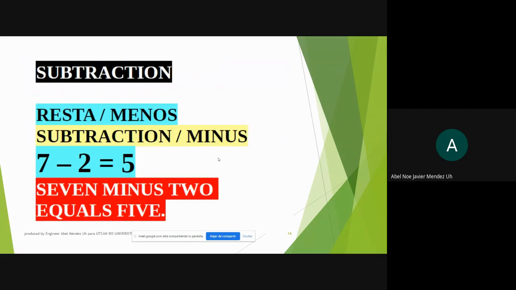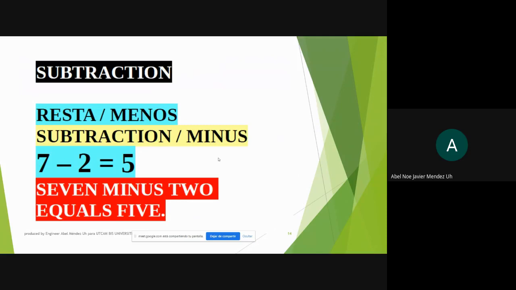And in the case of subtraction, la resta o el signo menos, we need to read: subtraction is the operation and minus is the symbol, okay?